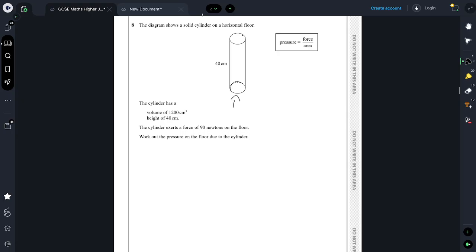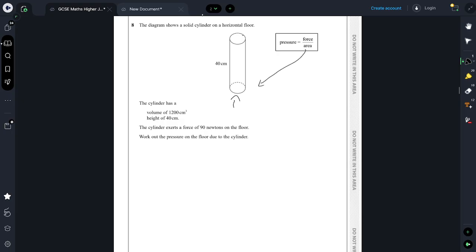This shape here, right? Almost think about the front elevation. You see what the floor would see, and you'd see this circle bit here at the bottom, the base, right? The base. That is what the floor will come into contact with, and that is the area you're going to want.